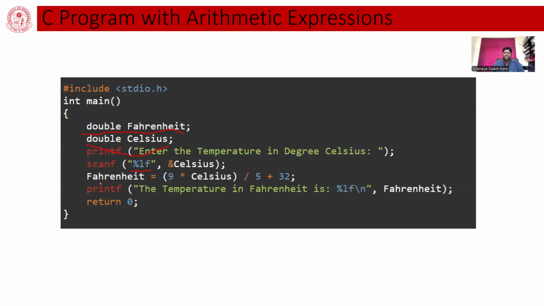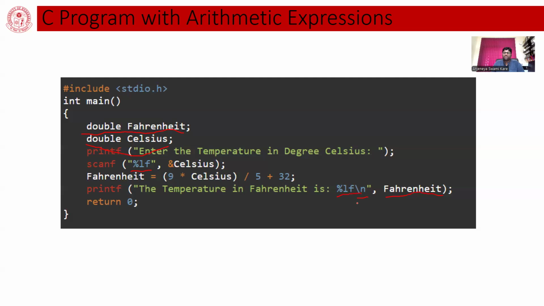The Fahrenheit is computed using Fahrenheit equal to 9 multiplied by Celsius divided by 5 plus 32. This is the standard formula to convert degrees Celsius to Fahrenheit. After that, I display the temperature value in Fahrenheit. I just need to display the value of the variable Fahrenheit, and since it is a double data type, we use %lf.